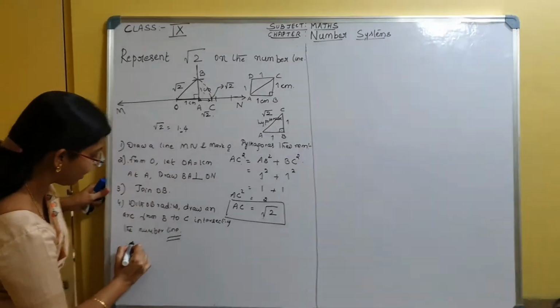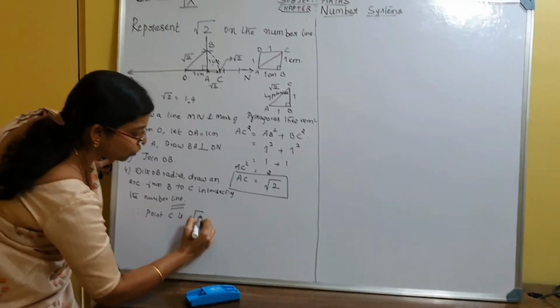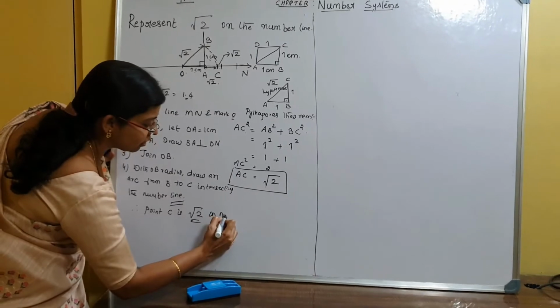Therefore, point C is root 2 on the number line.